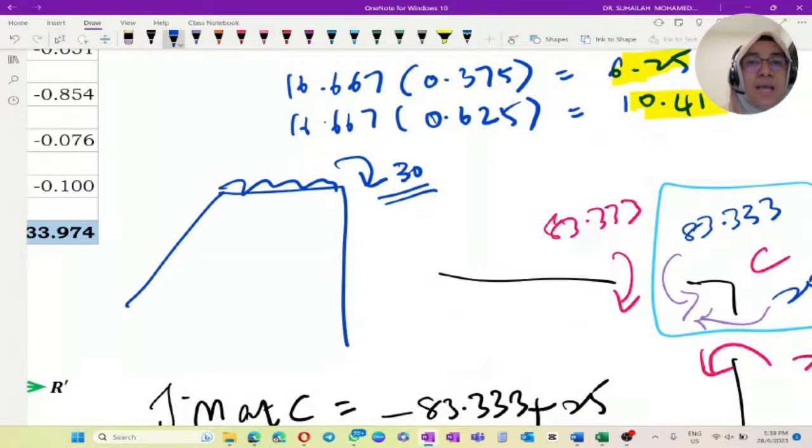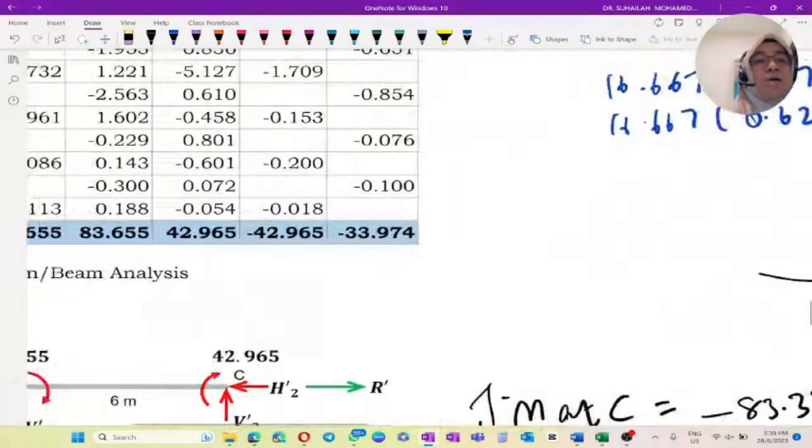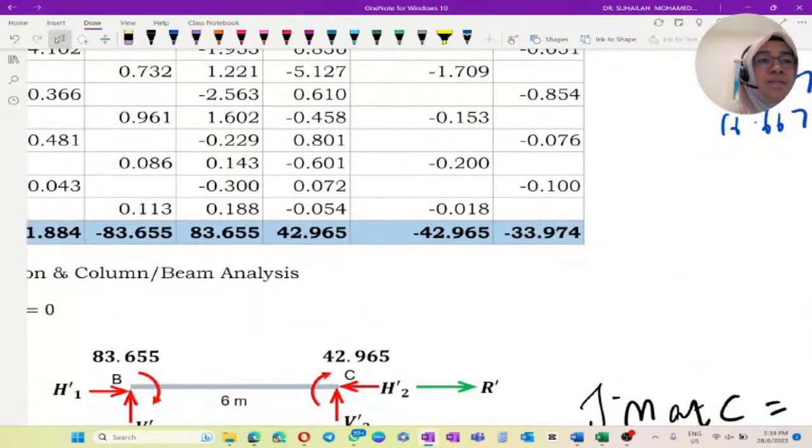This 30 we do not put into CB or CD, but we actually add it to the joint moment. Then only we distribute, because I received a question regarding this.